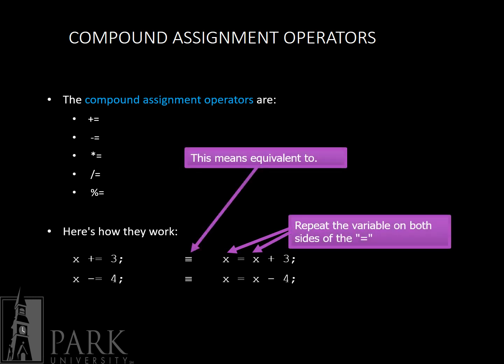It's similar to the increment operator, except that in the addition version, we are going to add 3 to the value of x. So this on the left is equal to the same thing on the right. We are saying x is equal to x plus 3. Or in the bottom example, x is equal to x minus 4. So these two things are the same. It's just a cleaner, more concise way of writing it.